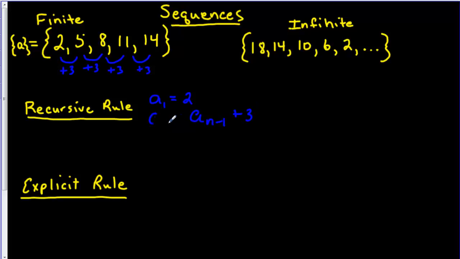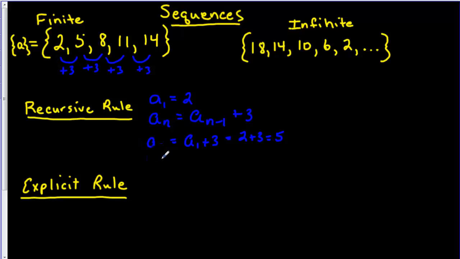For example, if we were trying to find a sub 2, and we specified a sub 1 was 2, then a sub n minus 1 would be a sub 1, plus 3, and we get 5.